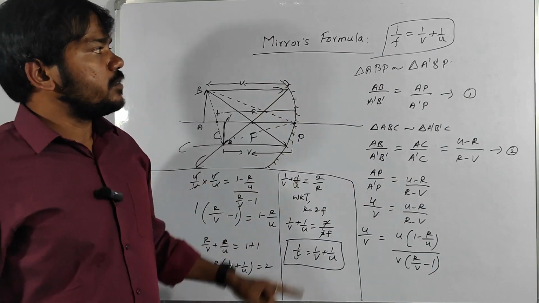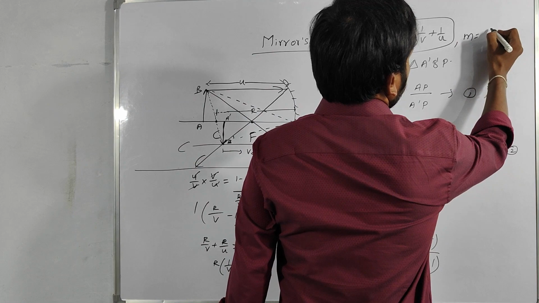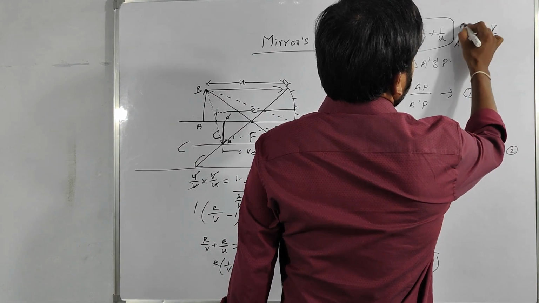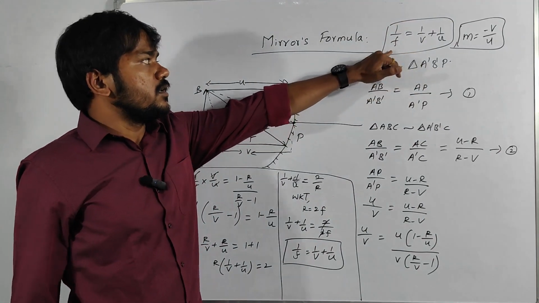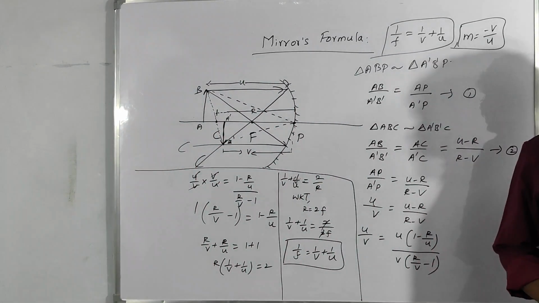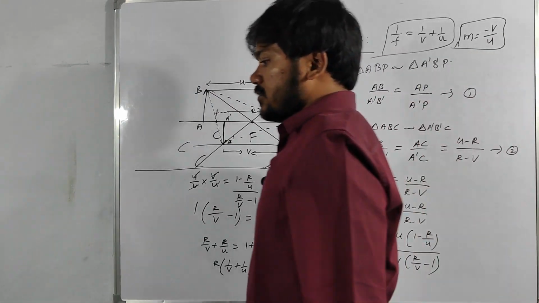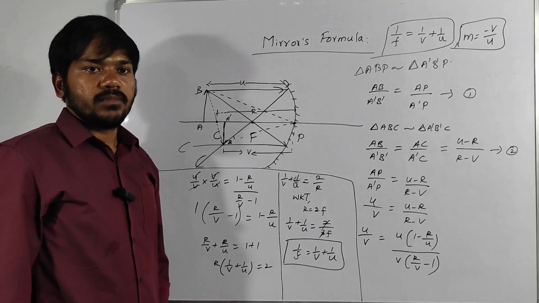And not only the mirror formula, we do have another formula, which is magnification is equal to minus v by u. So these are the two standard equations which you are going to study in the numericals. One is the mirror formula, 1 by f is equal to 1 by v plus 1 by u, and magnification m is equal to minus v by u.